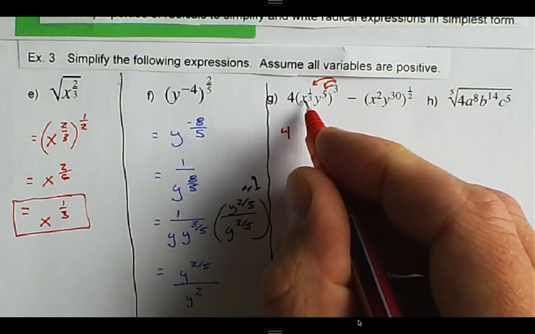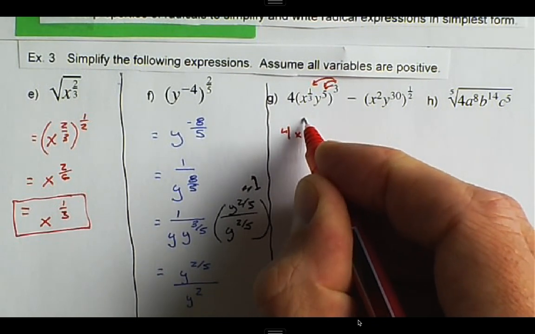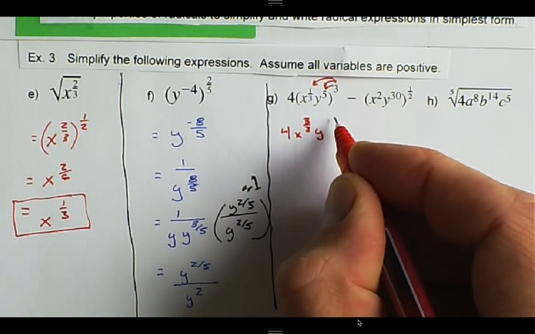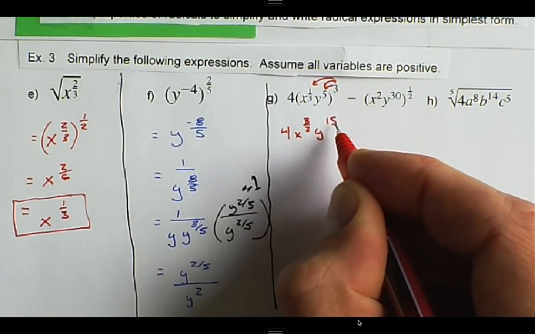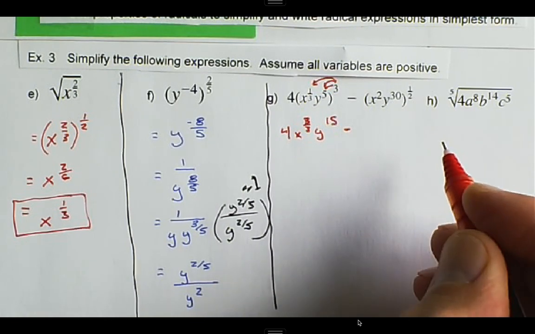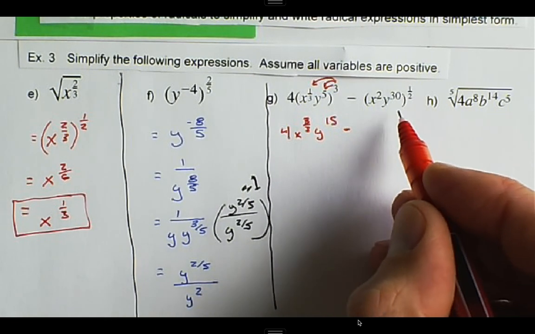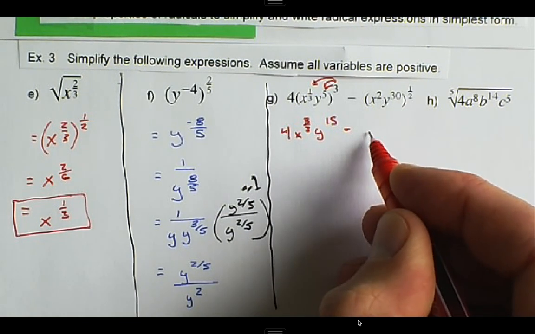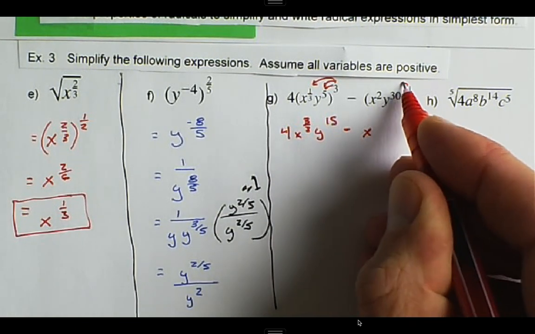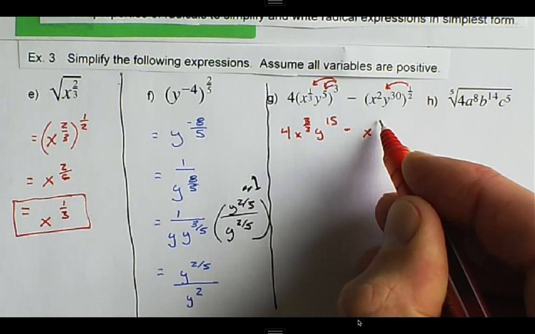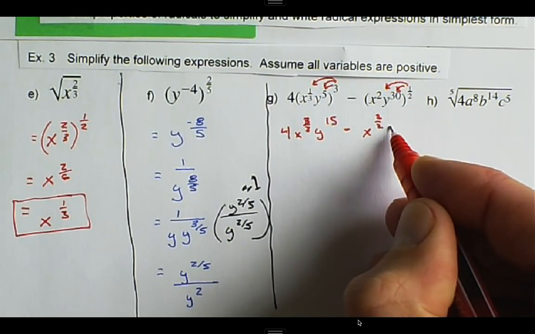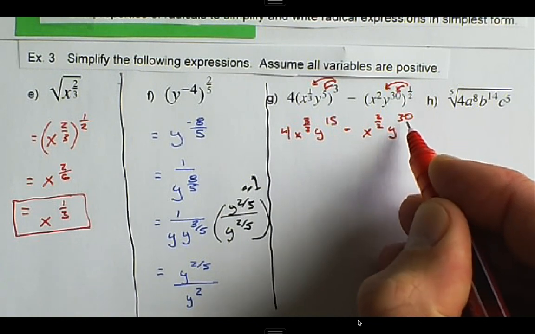So 4 x to the 3 over 3, and then y, 5 times 3 is 15, and then minus. We can do the same thing with the 1/2. So minus x to the 2 over 2, and y to the 30 over 2.